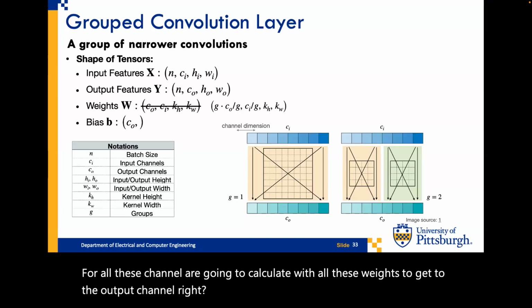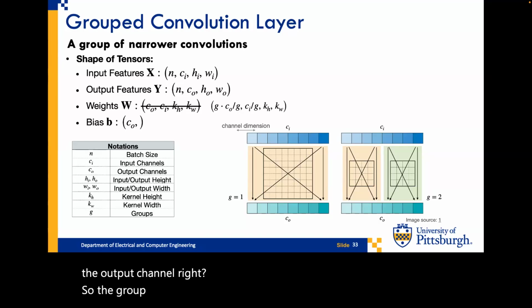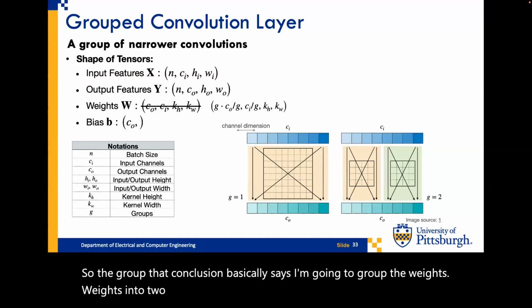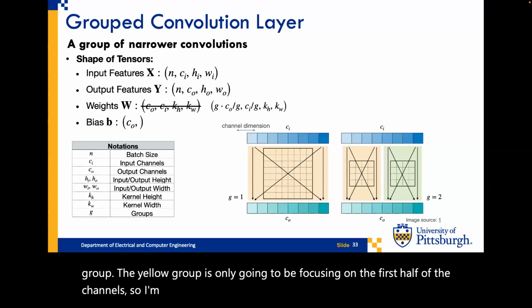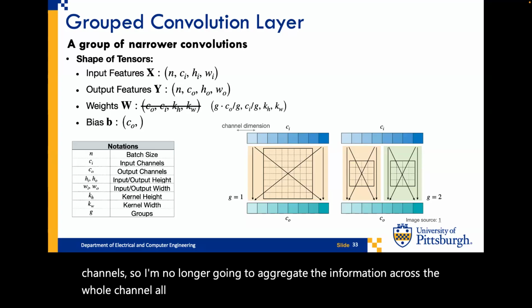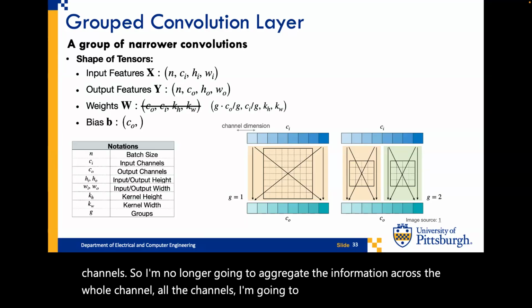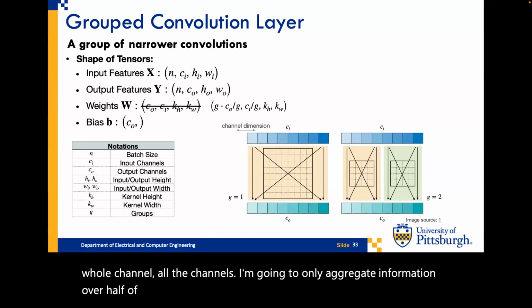So the grouped convolution says, I'm going to group the weights into two different groups. For this yellow group and this green group, the yellow group is only going to focus on the first half of the channels. I'm no longer going to aggregate information across all the channels, only over half of the channels, and the green is over the other half.